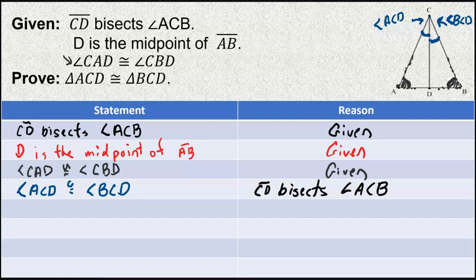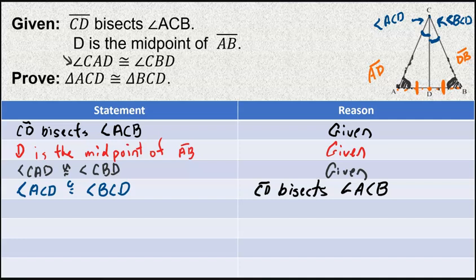Okay. So, D is the midpoint of AB. D is the middle of this line here. So what that means is that this and this part, just as I mentioned in the definition section, are now congruent.